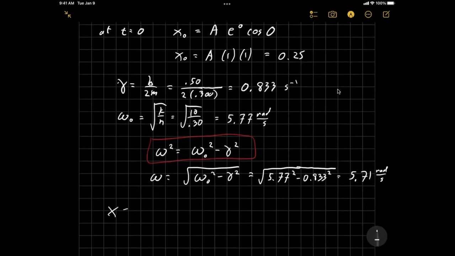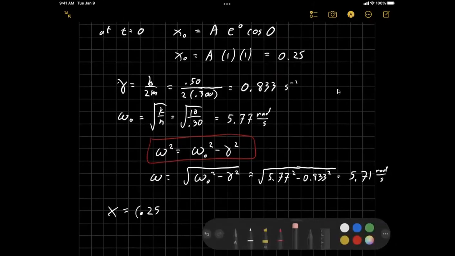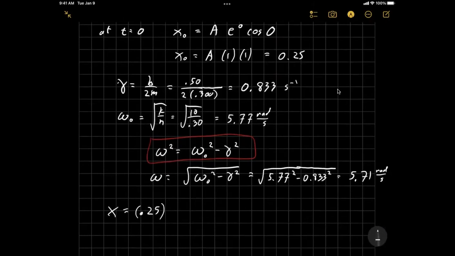So x is equal to the amplitude, 0.25 meters, times e to the negative. Actually, I'll leave the units off. We'll just say that x in meters with t in seconds will be 0.25 e to the negative gamma, 0.833 times the time, times the cosine of omega t, so 5.71 t.